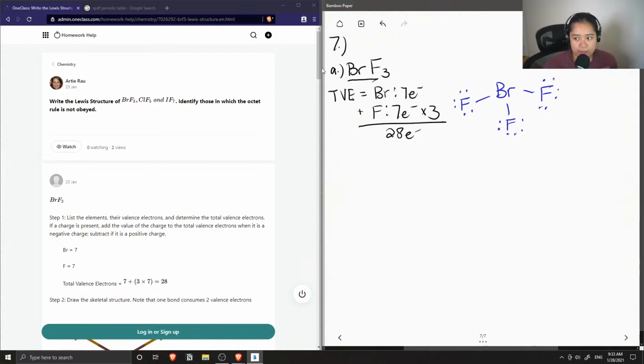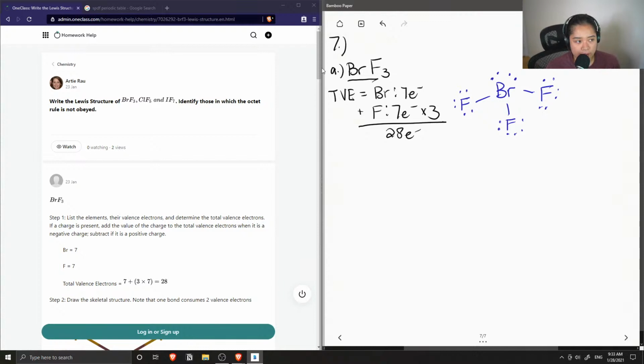So now if we count out how many electrons I've drawn so far, each bond contains 2 bonding electrons, and we have 3 bonds, and then each fluorine contains 6 electrons in the form of lone pairs. So I only have 24 out of the 28 electrons drawn in this structure. So I'm just going to put the remaining 4 on my central bromine atom, since I'm not able to form double bonds.